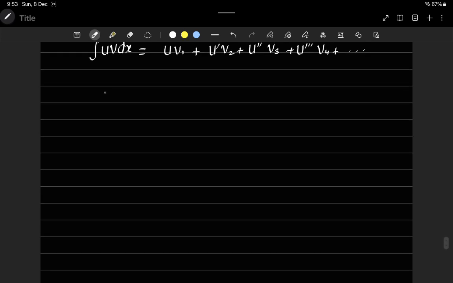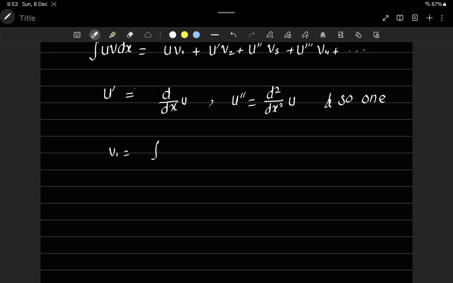Here u dash means d by dx of u, similarly u double dash means d square by dx square of u and so on, and v1 means the integral of v dx, v2 means the integral of v1 dx, which is the integral of the integral of v dx, the whole dx, and so on.